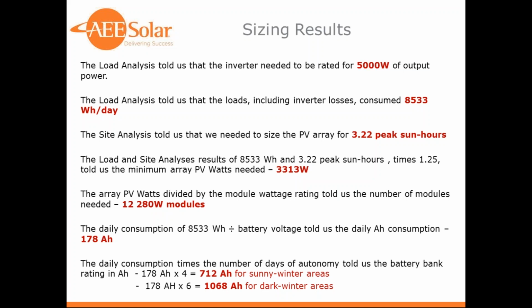If they're much more energy conscious and willing to adjust their energy usage based on their system, you may be able to use a smaller inverter. But this really does call for a 5,000 watt inverter here. The load analysis also told us that the loads, including the inverter losses, consumed about 8,533 watt hours a day.